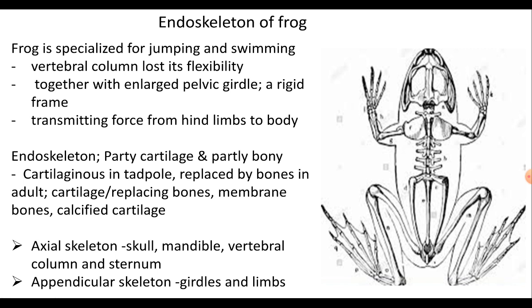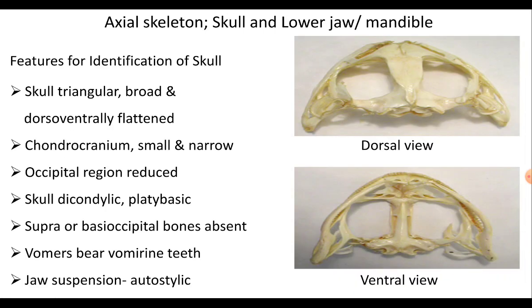Whereas the appendicular skeleton includes the girdles and the limbs. The axial skeleton, as I told you, includes the skull and lower jaw or the mandible.